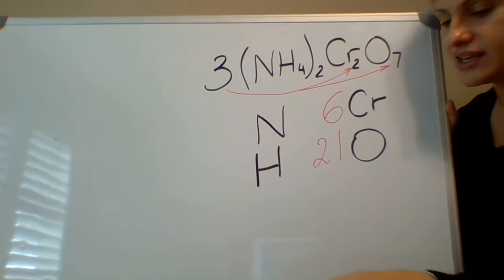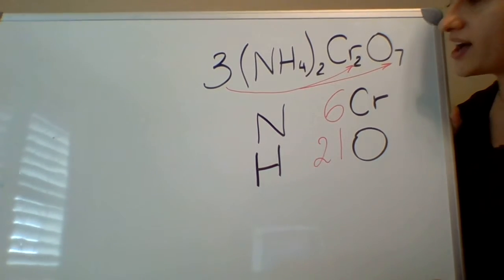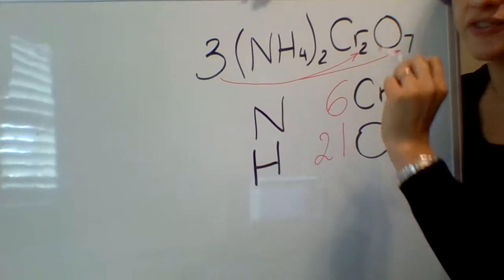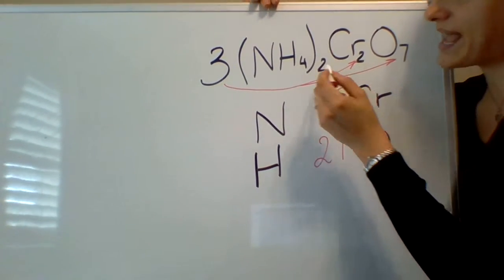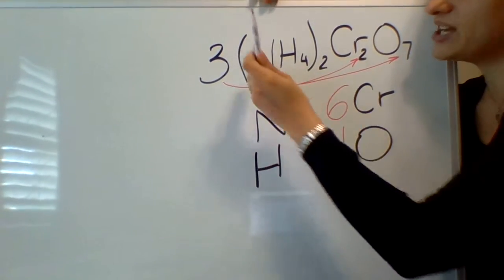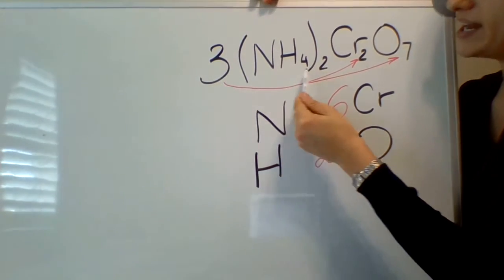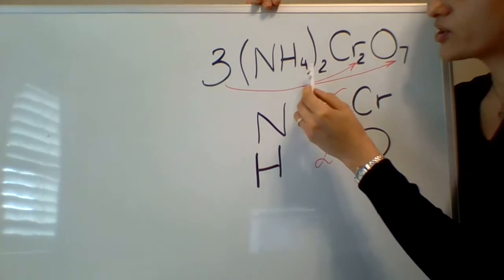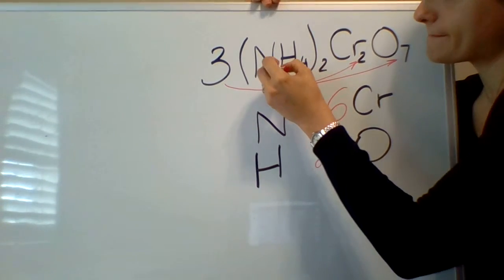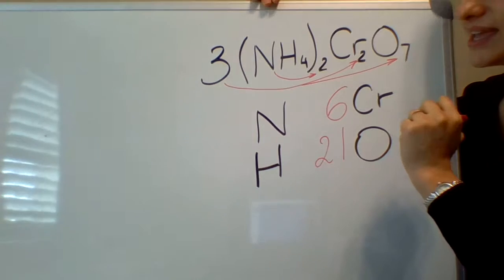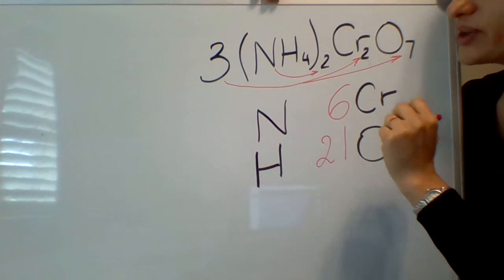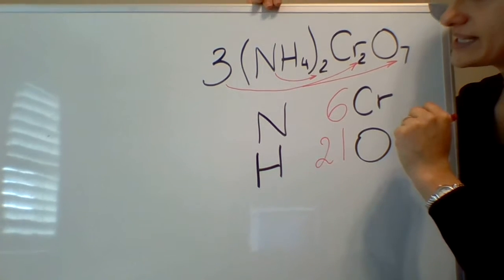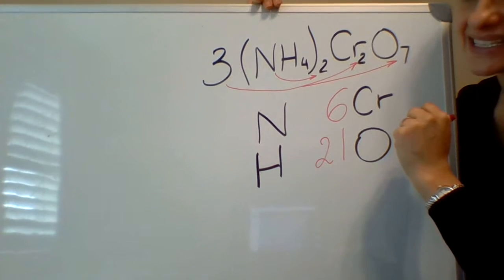Now let's look at the nitrogen and the hydrogen. What you must do first is count how many nitrogen there are in each compound of NH4 to Cr2O7. So there are 2 nitrogen in each compound, but you have 3 of those compounds. So that's going to give you 6.